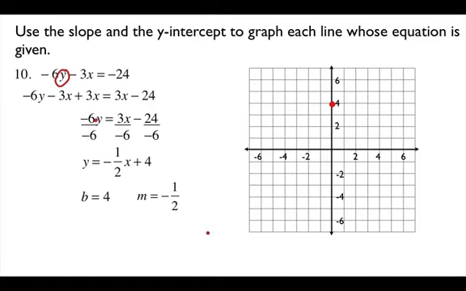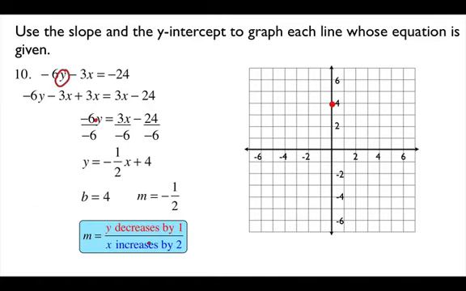So from here, I know that if I apply definition 1, y decreases by 1 and x increases by 2. So from here, I am going to go down 1 along the y-axis and then increase by 2 on the x-axis, or go to the right 2 units. And this is where my next point is. I do this again. That's where my next point is, one more time.